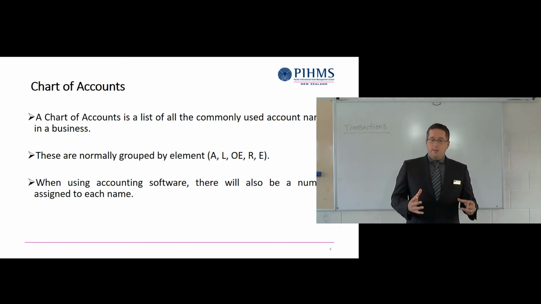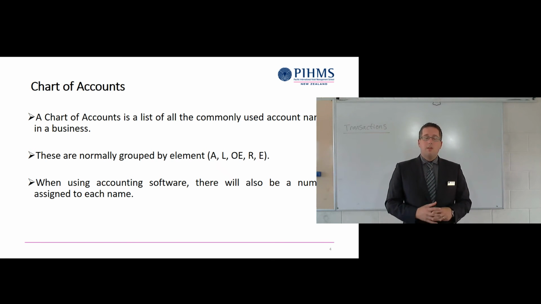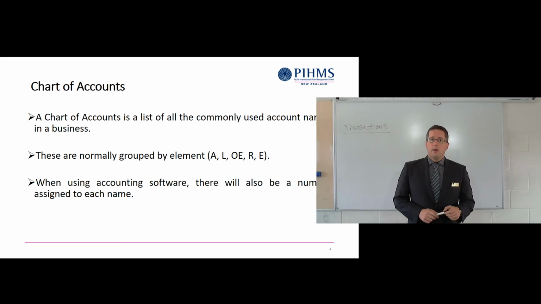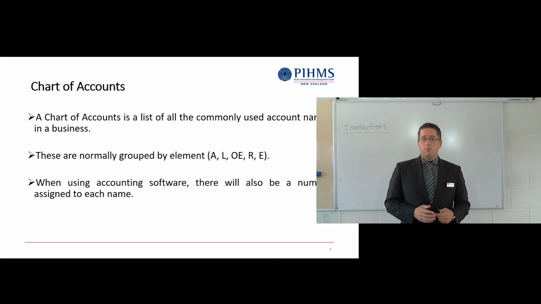So all the asset accounts will be all things that you own, and you want to keep track of each thing that you own, so you have account names under each one. When using accounting software, there's a link there if you want to look at a chart of accounts for Xero, a very popular accounting software package.